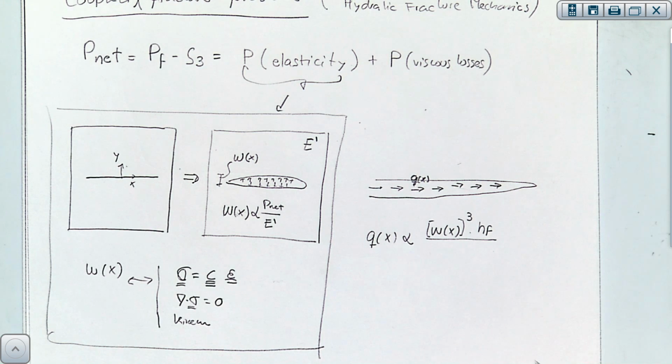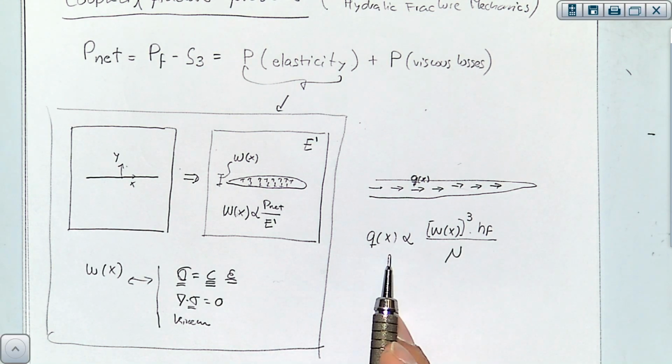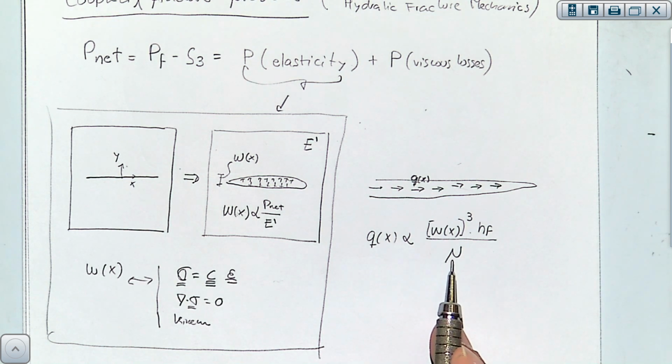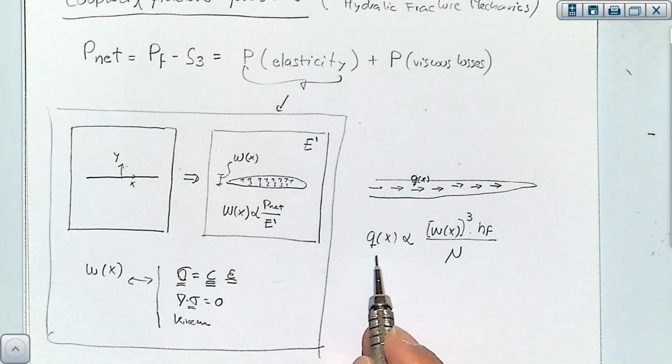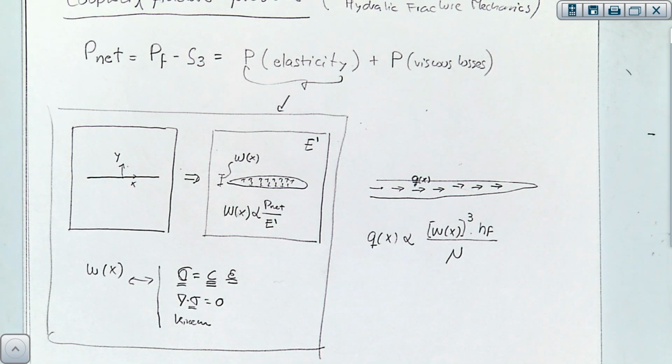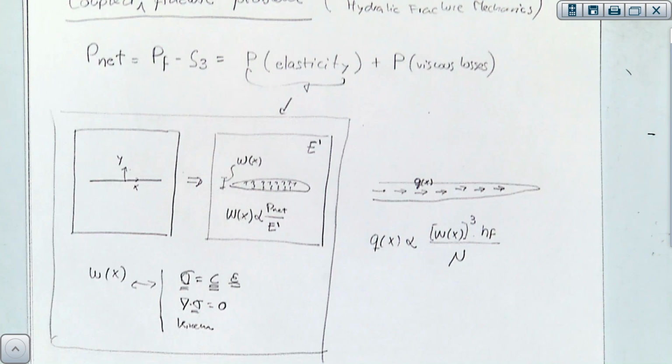The narrower the fracture, the harder for fluid to move. Pressure what? Pressure gradient, very well.